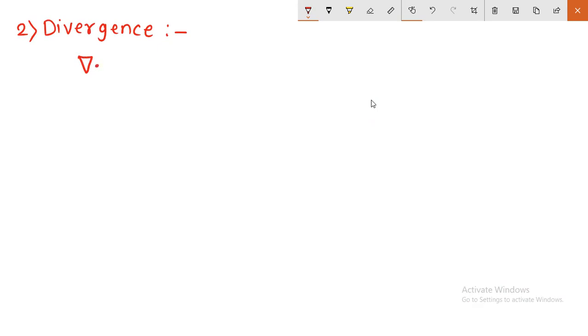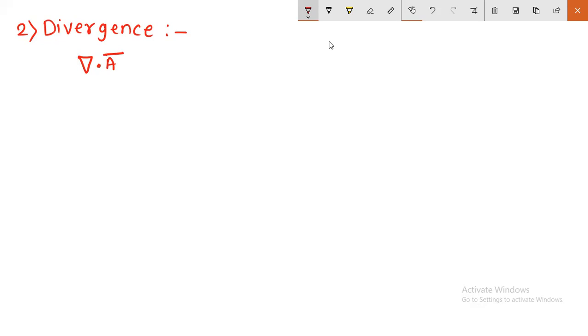Here we are considering that vector is a bar. So this is del dot a bar. This divergence is nothing but a dot product of this del operator with a vector.